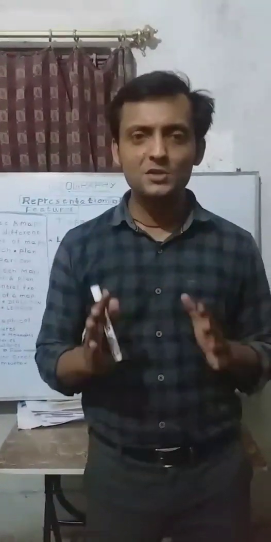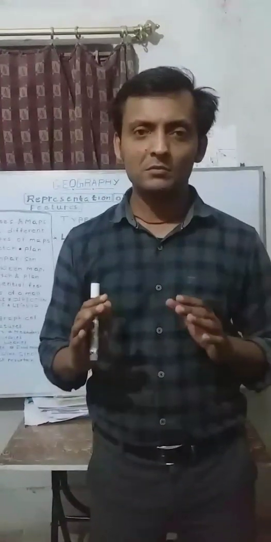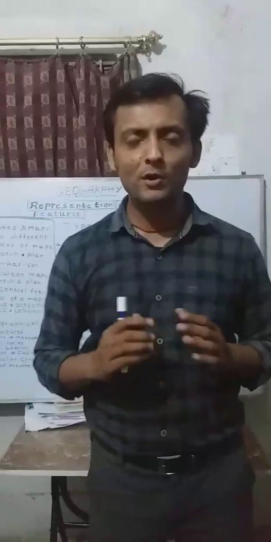Students, when we want to represent these geographical features, there are two ways, globes and maps. First of all, if you want to see the whole earth at a time, then we need to make a model of the earth. By making the model of the earth, we can observe the entire earth at the same time.